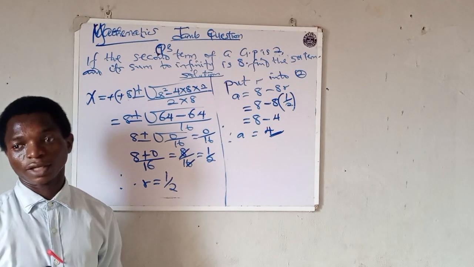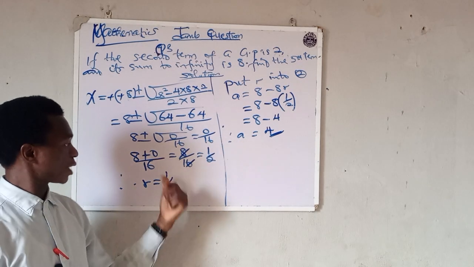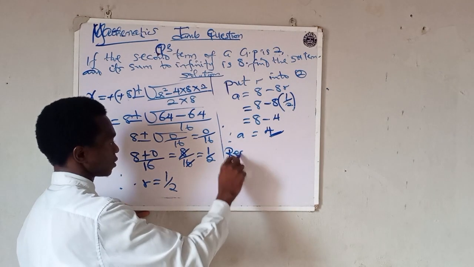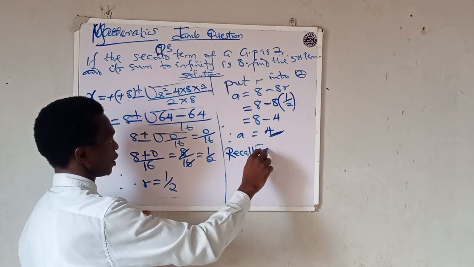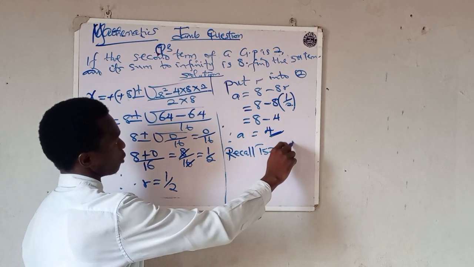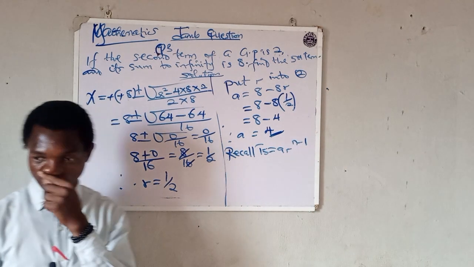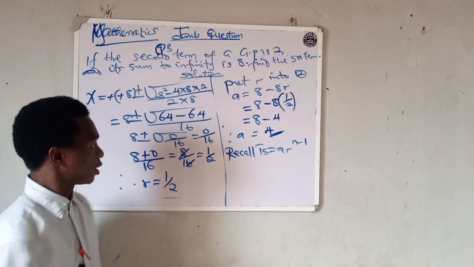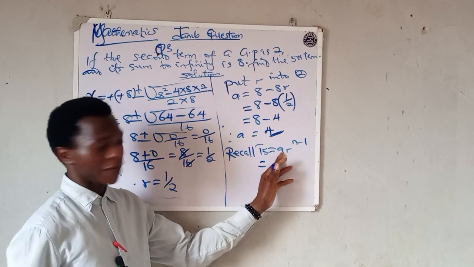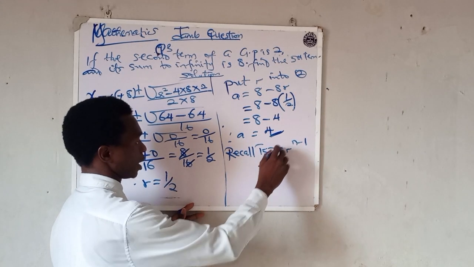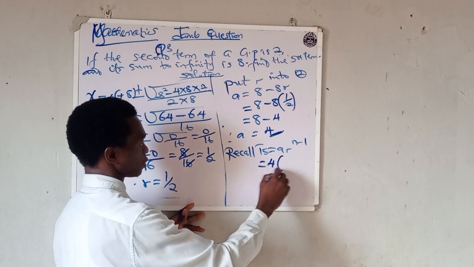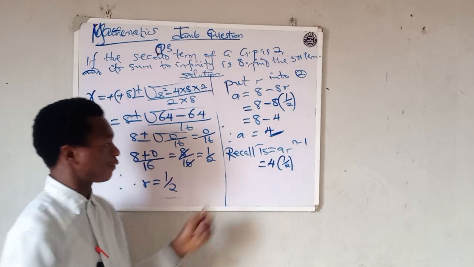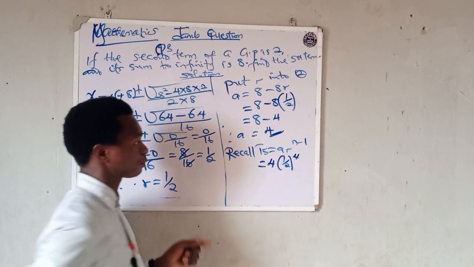If you have obtained your first term and the common ratio, the next thing is to recall that your T5 is equal to AR raised to power n minus 1. That is the formula you are now using to find the fifth term of the GP. Our A is 4, so write 4 where we see A, while our common ratio is 1/2. If n is 5, take 1 from 5, that gives us 4.